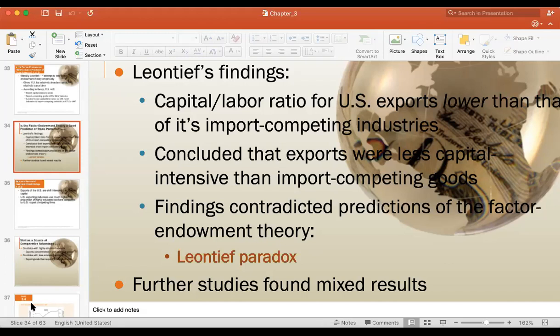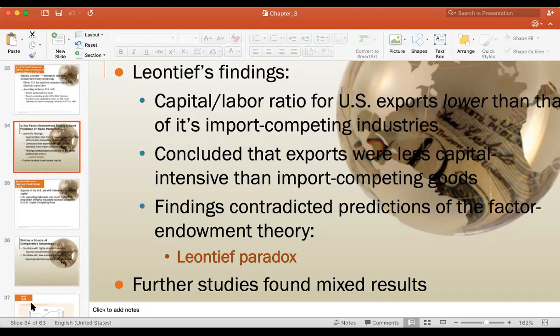Now, other economists looked at these results and said, well, wait a minute. There's got to be something wrong here. After all, the HO model is pretty much sophisticated in its conclusions and in its methodology and its assumptions, and everything seems to be working extremely well. So why would Leontief find such a contradiction? Some economists did their own empirical studies, and they actually found mixed results.